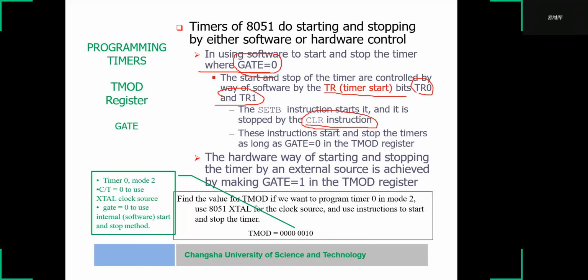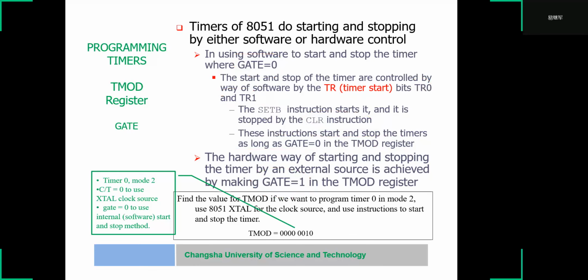The hardware way of starting and stopping the timer by an external source is achieved by making GATE equal to 1 in the TMOD register.